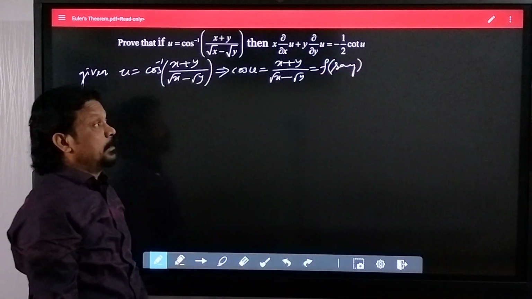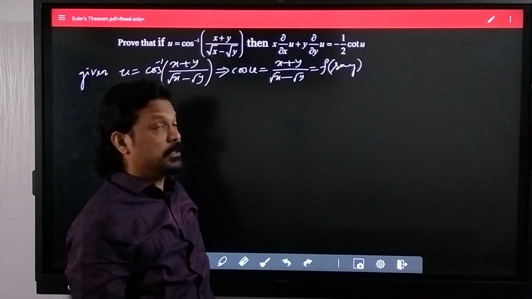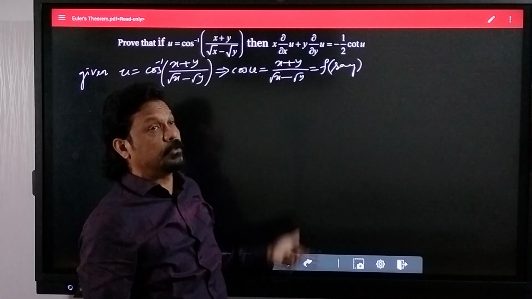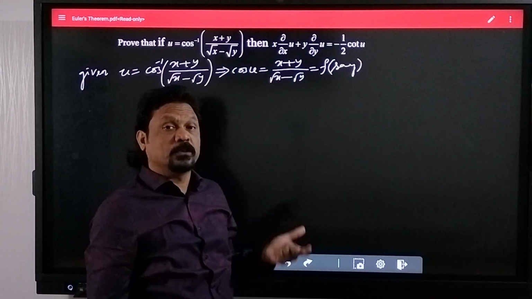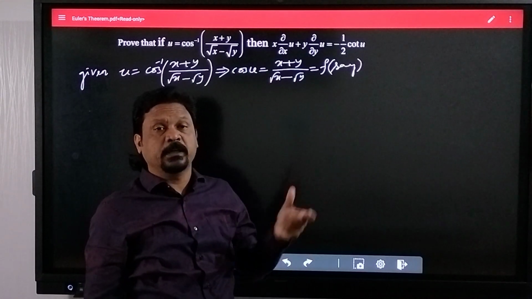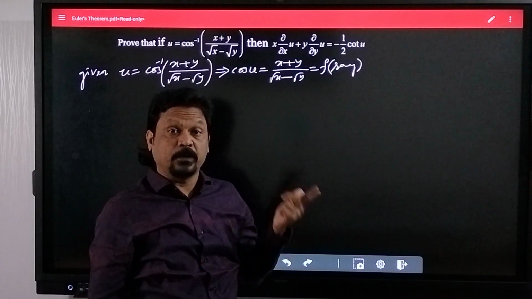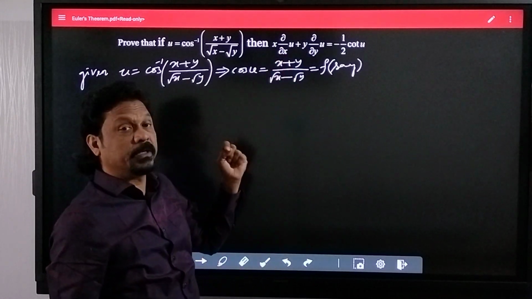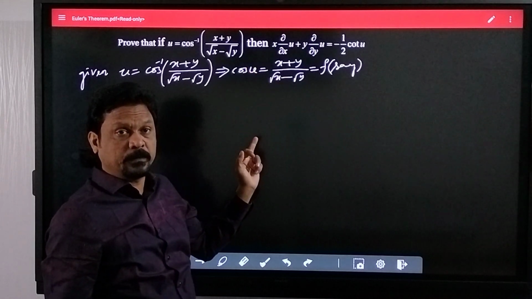Now here f is in the form of p by q. Here p is a homogeneous function, that means the numerator is a homogeneous function of degree 1, and q is also a homogeneous function of degree half. That means p by q, that means f, is a homogeneous function. Now what will be the degree? The degree of numerator is 1 and the degree of denominator is half, so 1 minus half, it is half.